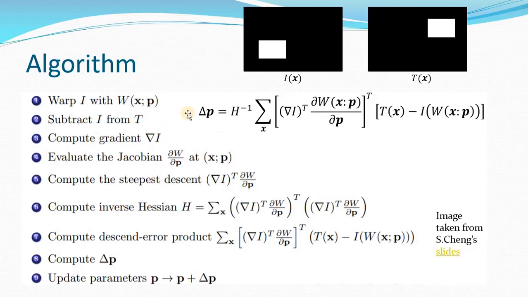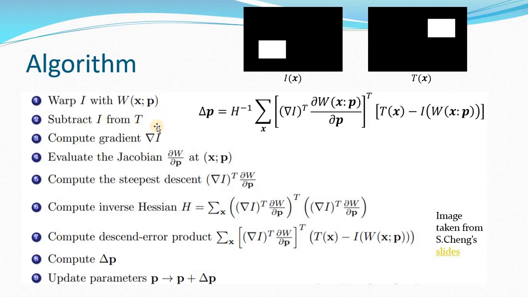This is the original algorithm of KLT which we saw in the previous video. Suppose this is your initial image, you warp it with a particular initial value of p, and then you have to subtract it from T. That is okay.